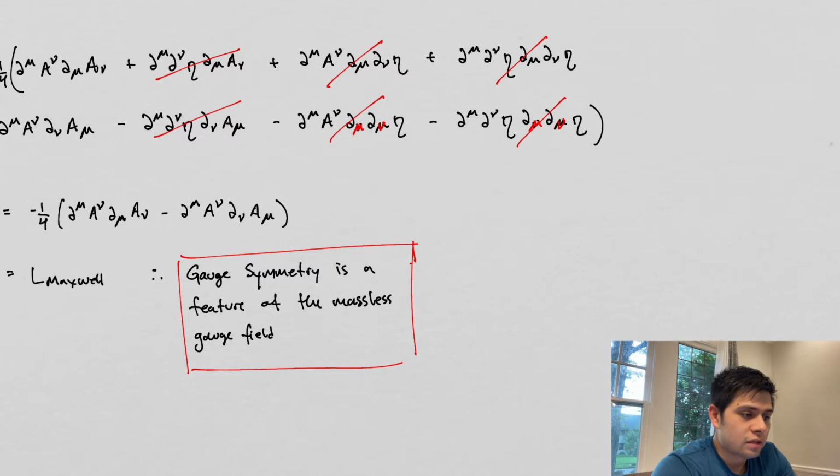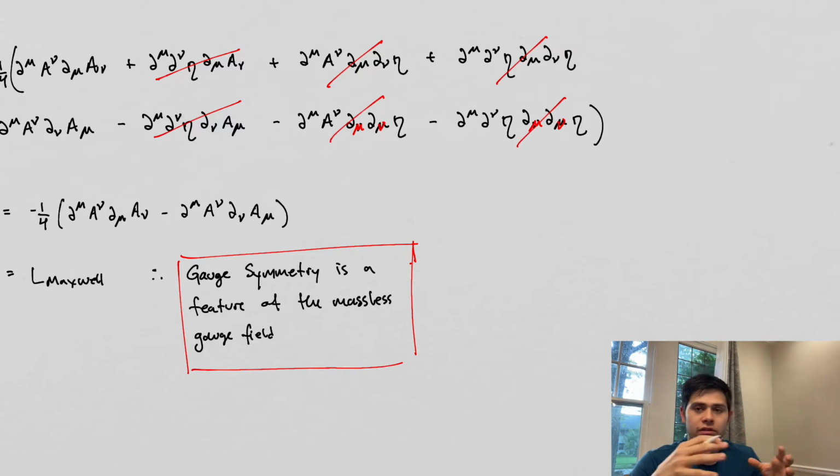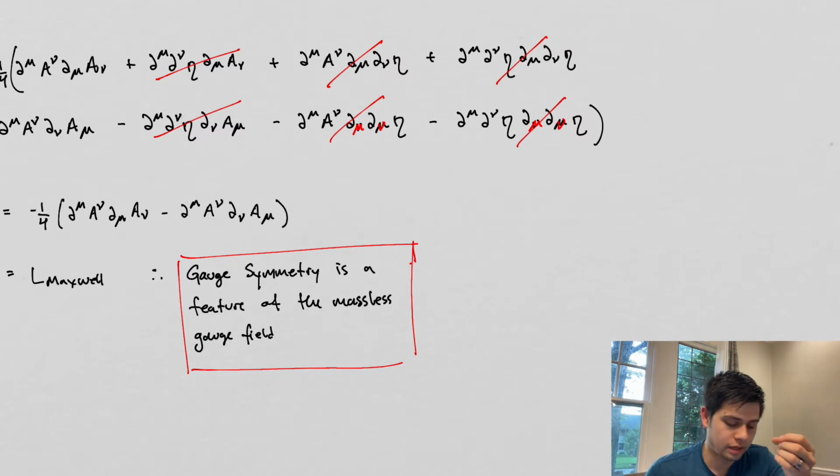So this means that we can use this sort of freedom within our gauge field, A mu, to make sure that we are only working with configurations where this condition holds.